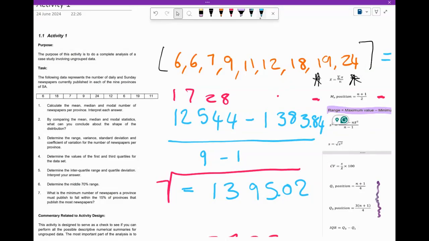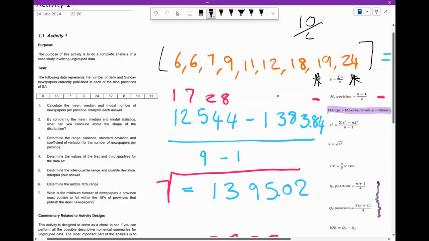So n again we know is 9, plus 1, which will then give us 10. So 10 divided by 4 gives you 2.5.